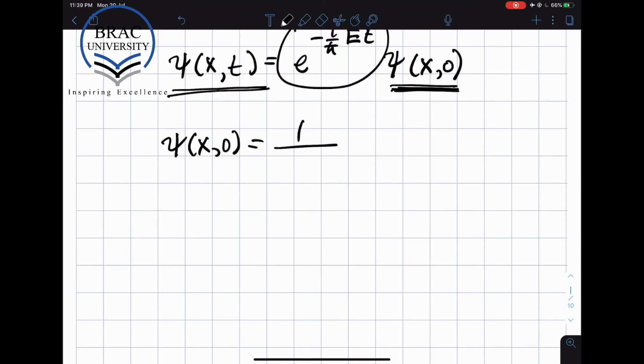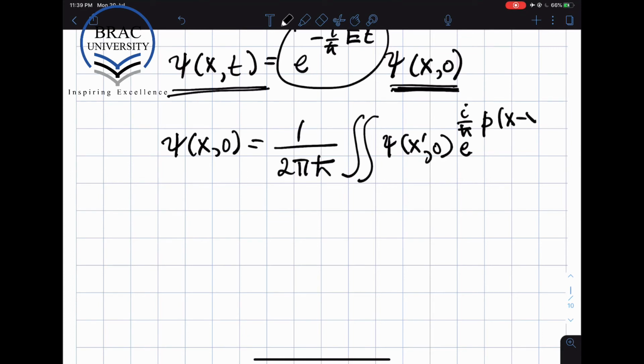So what we should do is use the Fourier integral theorem. If you use the Fourier integral theorem, then I have a double integral, and then I have ψ(x',0) e to the power i/h bar p(x minus x'), and then I have dp dx'.